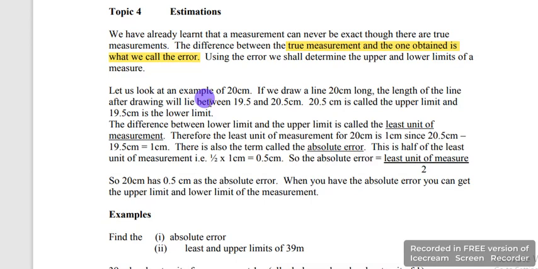Each and every object has a true measurement. But you, as a human being, when you are measuring such an object, you can't get the true measurement. You will not get the exact measurement of that object. So the difference between the measurement you get and the true measurement is what is called the error.